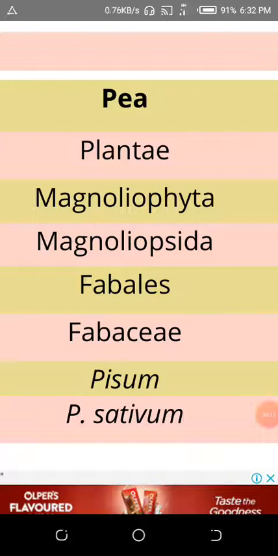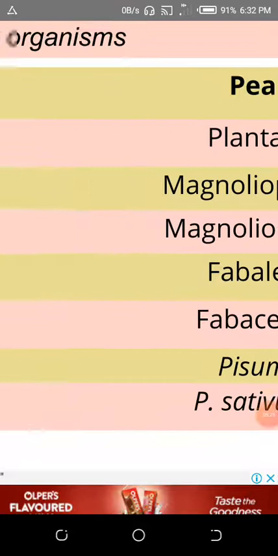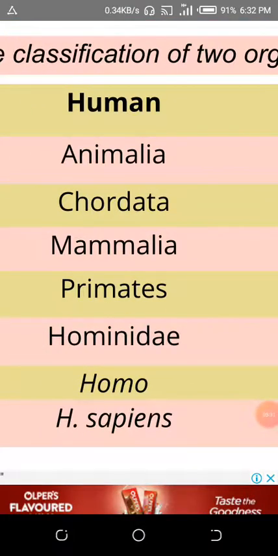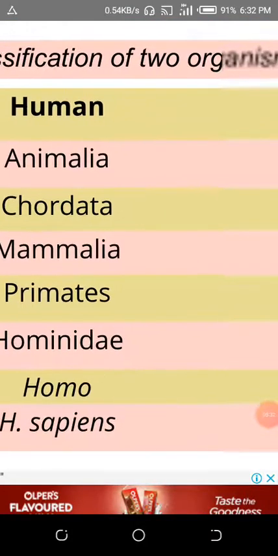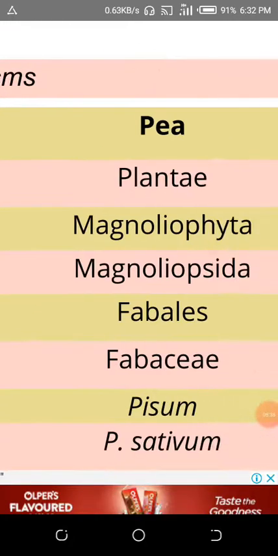Now I am talking about the pea plant. Why did I speak in such detail about it? You may be thinking, sir, you are giving importance to the human body, which is understandable, because we are humans and you classified humans. But why are you comparing the human classification with the pea plant?